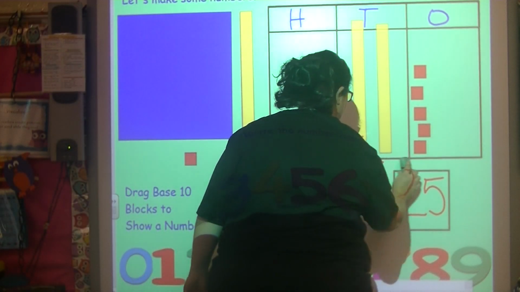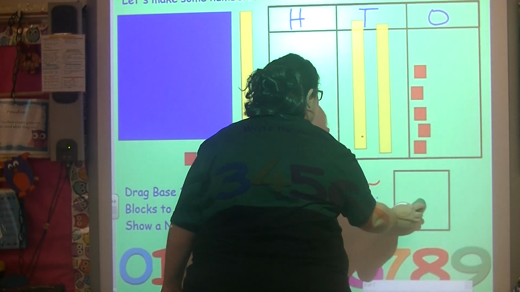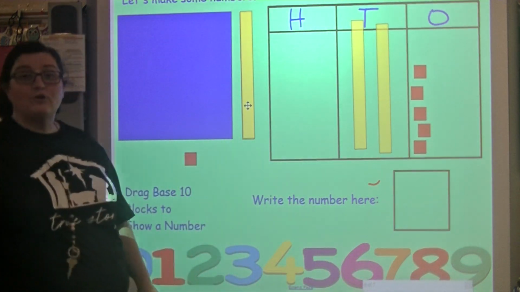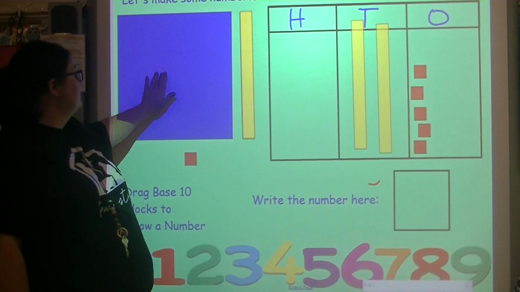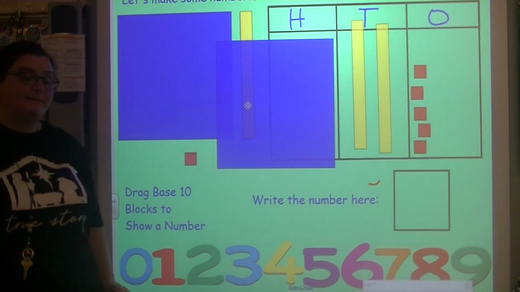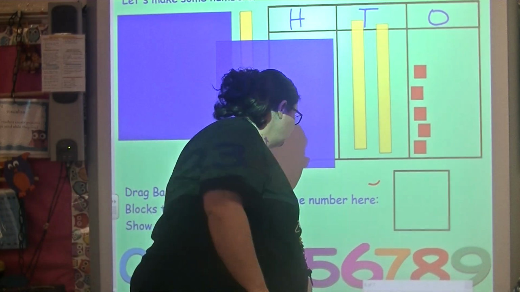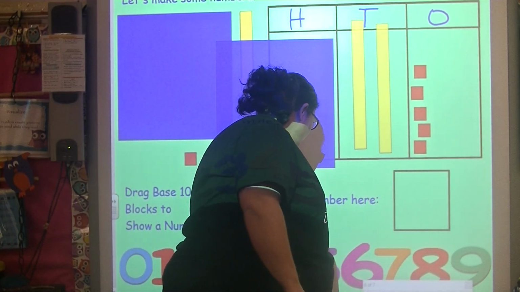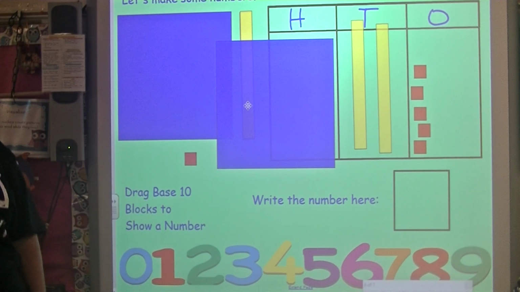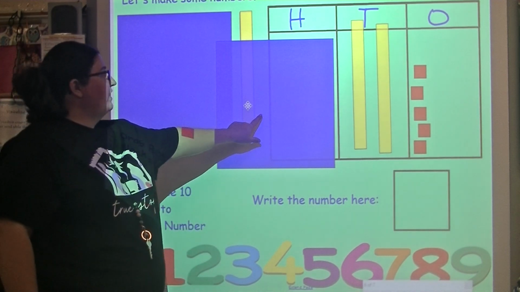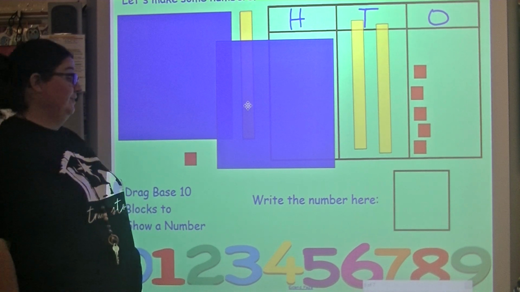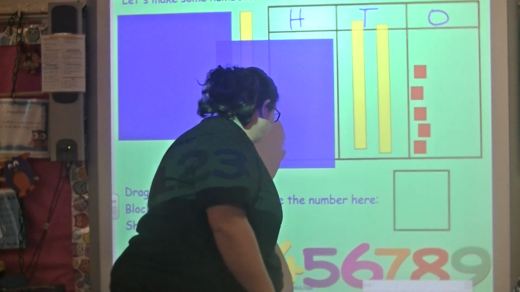Now, leave your 2 tens and 5 ones. We're going to add a group of 100 to it. So bring your big 100 over and drop it in. Now we have a group of 100. So what is the value of a group of 100? 100.